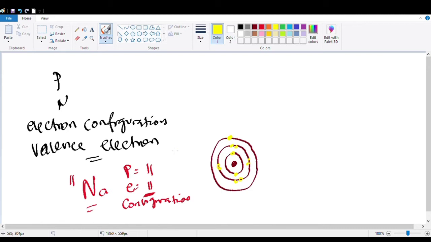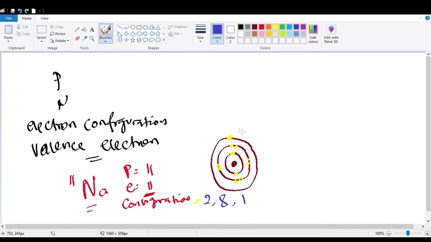The configuration is the number of electrons in each shell. So you count here: the first shell has 2 electrons, the second shell has 8 electrons, and the third shell has 1 electron. So the configuration of sodium is 2, 8, and 1.